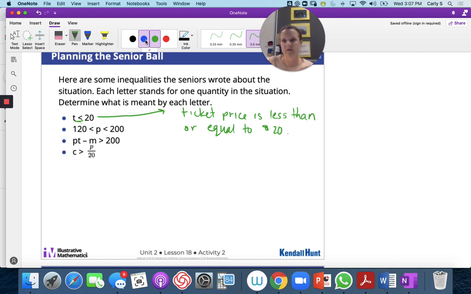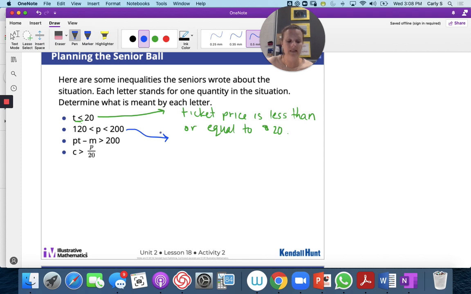What's this next one? 120, P, 200. So 120 is less than P is less than 200. Okay, or P is in between 120 and 200. Last year, 120 people attended.